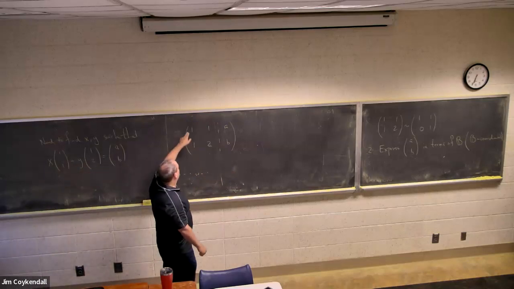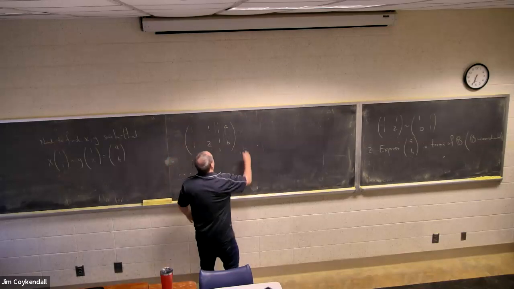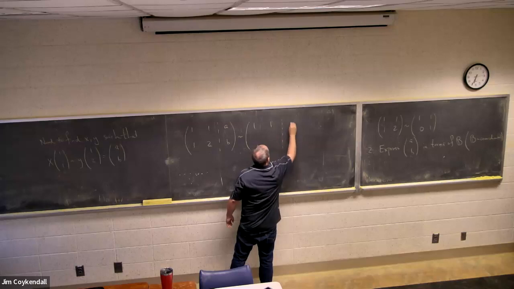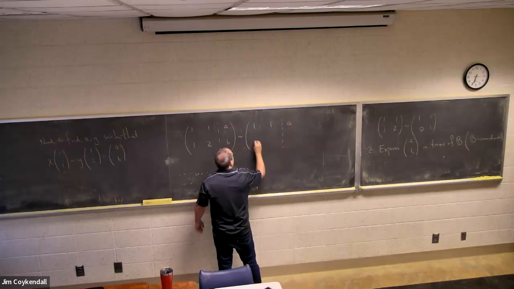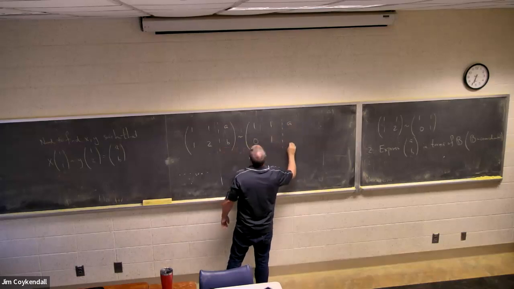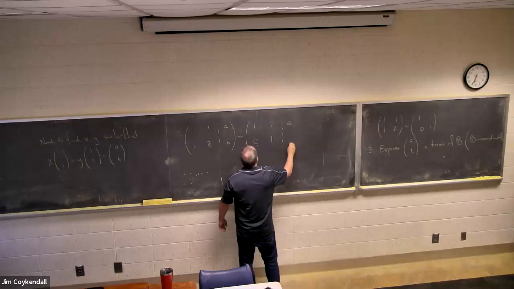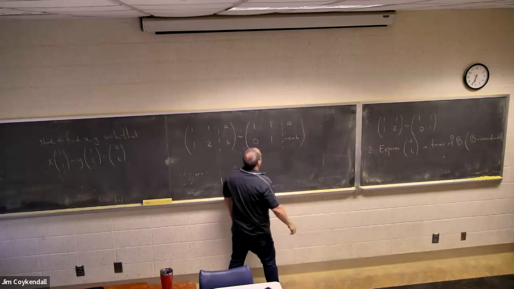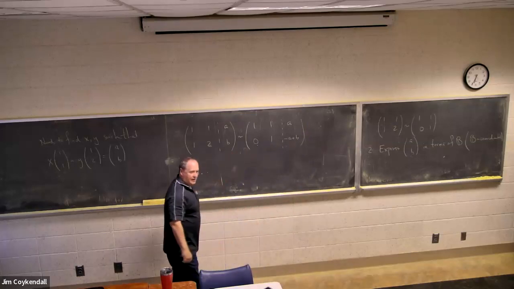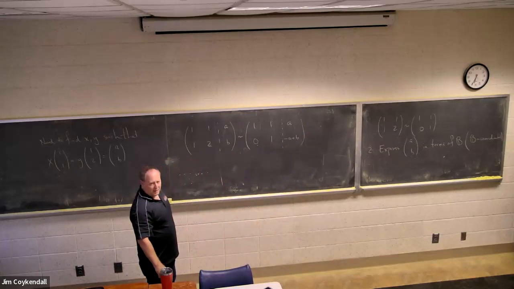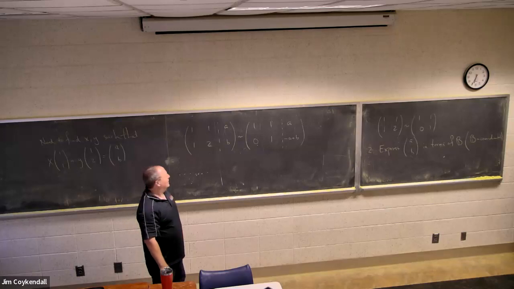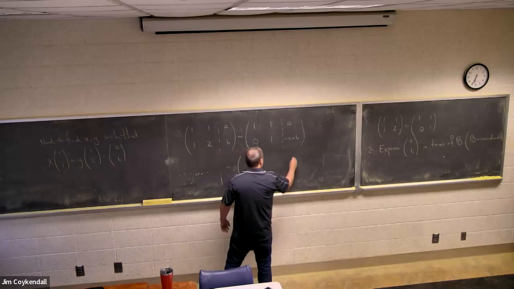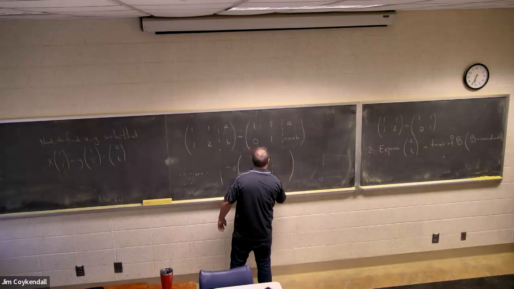Multiply -1 times this and add it to that. And this should be what? Minus a plus b. We could back substitute at this point, but I'll take your step. It's fairly easy to do.